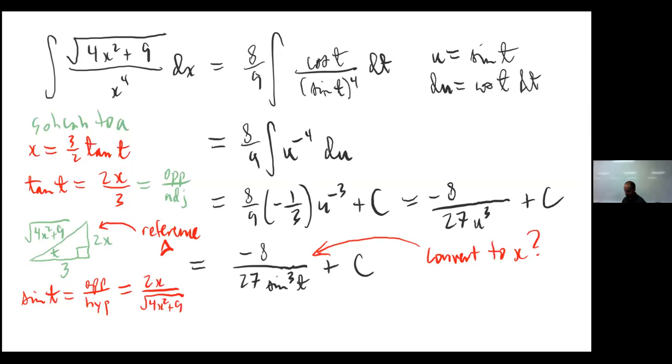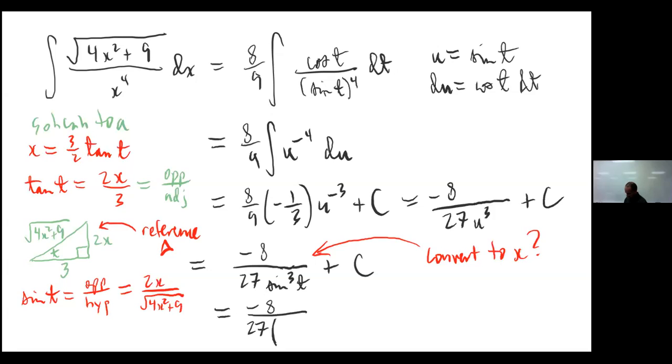Yeah? So what's the answer going to be here? What do you think? Going back into our thing right here, it's going to be negative 8 over 27. You put what sine of t is in here.